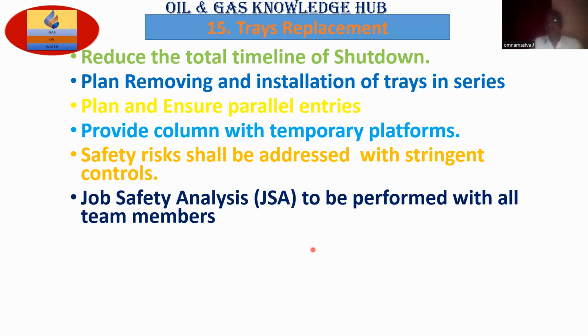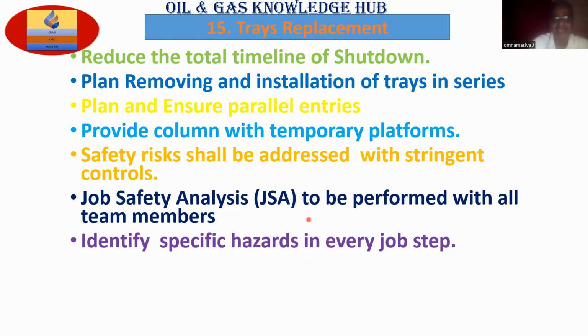Prior to starting the work, you call all your team members and discuss all about the job method statement and write a JSA, job safety analysis, analyze and write it. It should be known to everyone. Everyone should be aware of what the JMS is, what the JSA points are. Okay. Identify specific hazards in every job step. You should write everything, step by step, stage-wise activities.